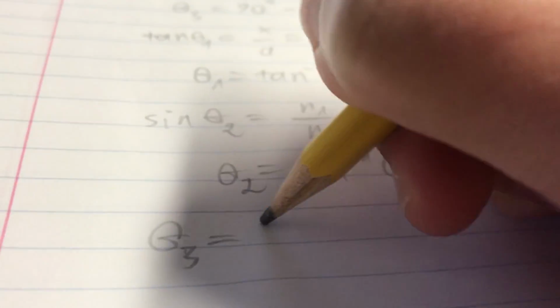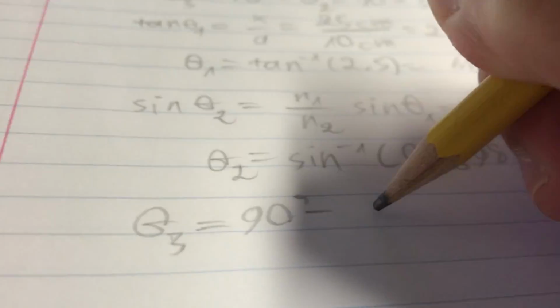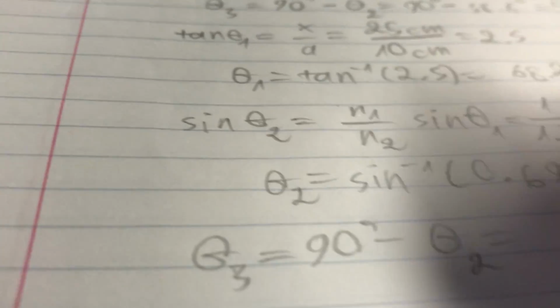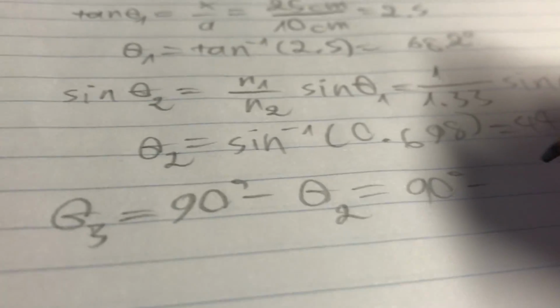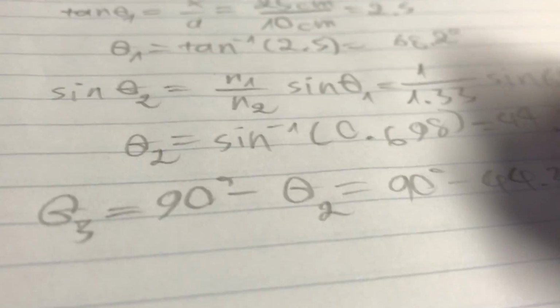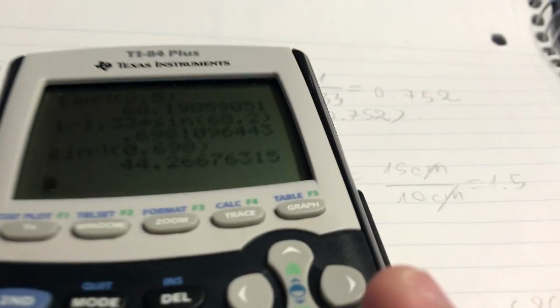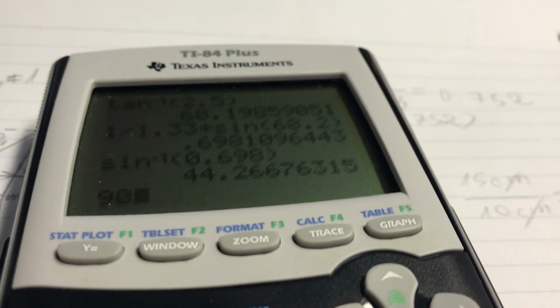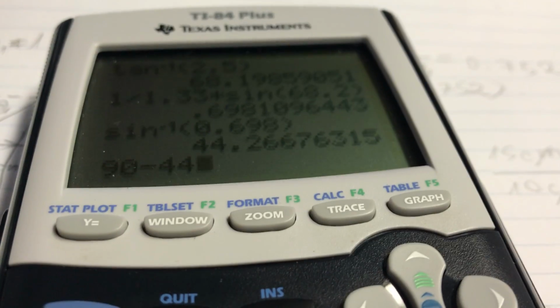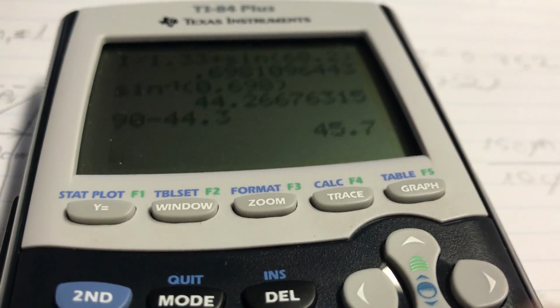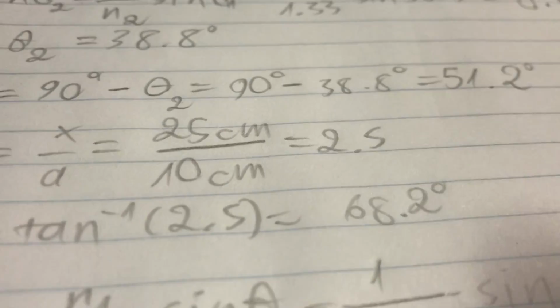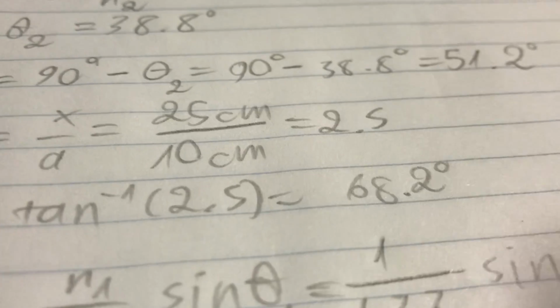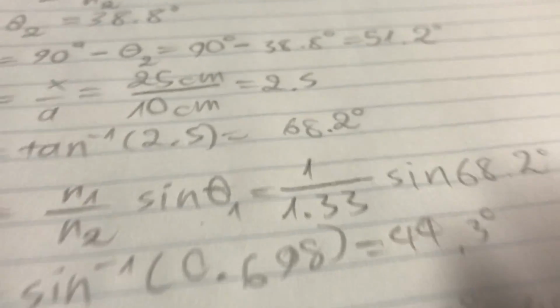And like the previous explanation, theta 3 will equal 90 degrees minus theta 2, 90 minus 44.3, and that is about 45, I guess. Let's check for sure. Yes, 45.7 degrees.